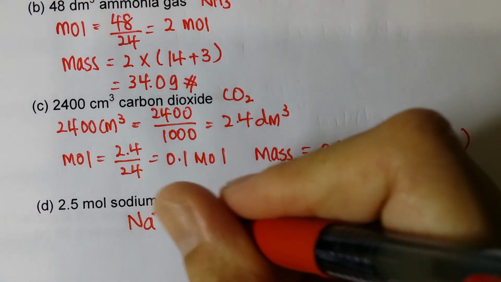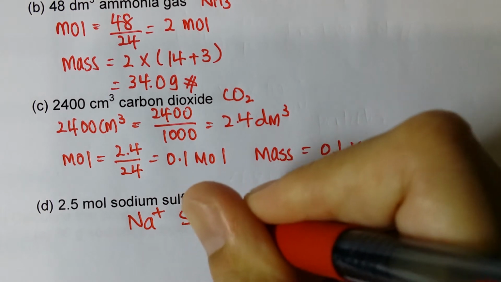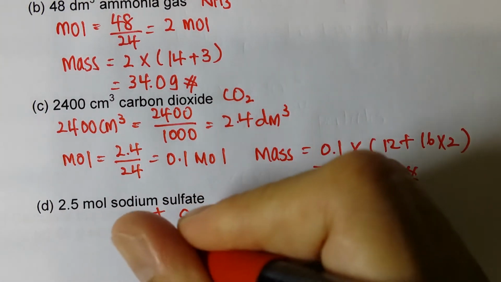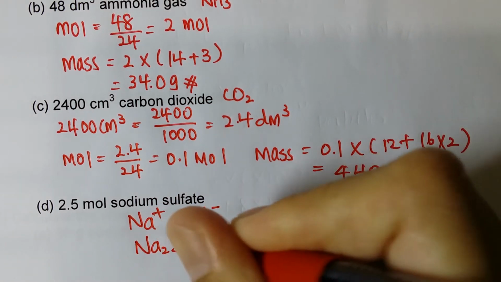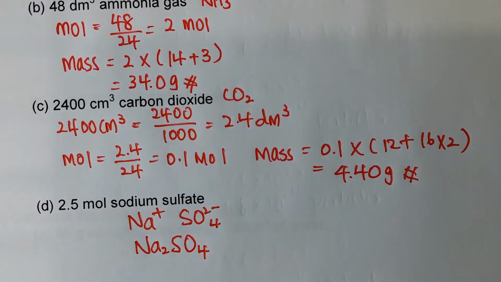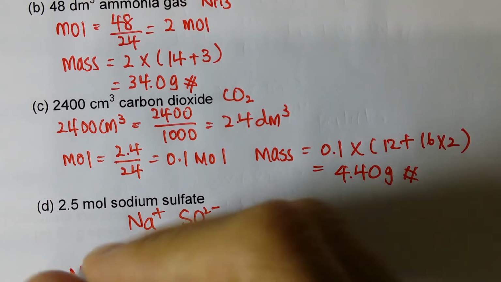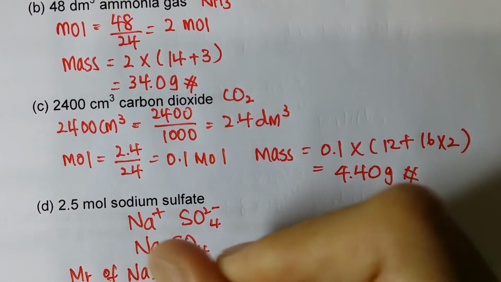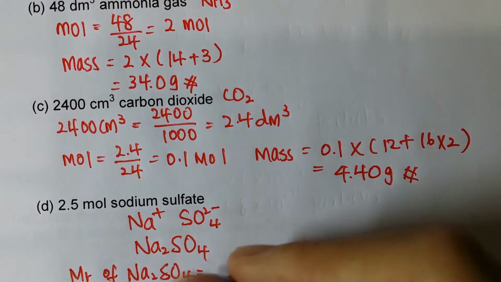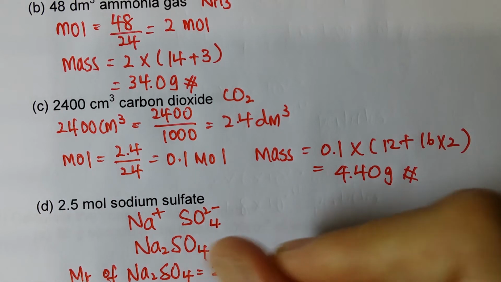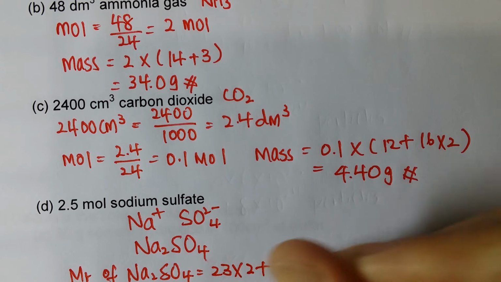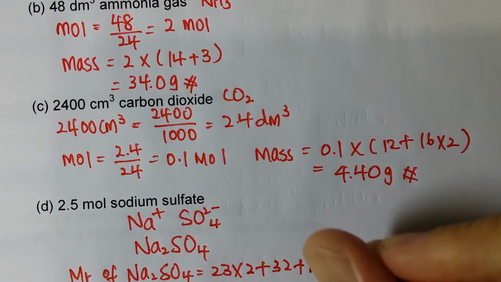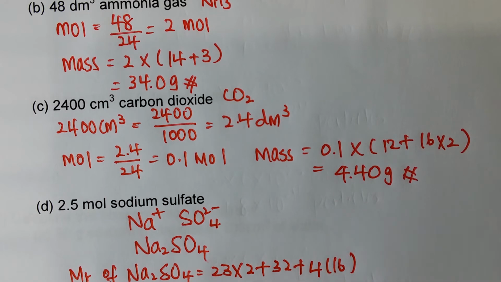Sodium ion, Na+, sulfate ion, SO4 2-, and you cross multiply, you get Na2SO4. And what is the Mr of Na2SO4? The Mr is sodium 23 times 2, sulfur 32, oxygen, there are 4 of them, 16.